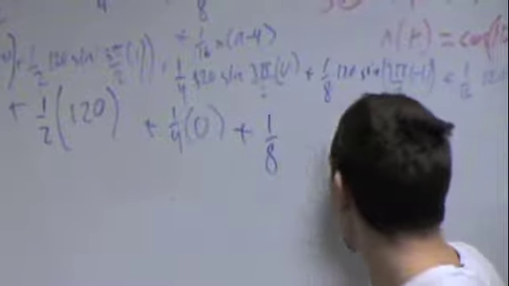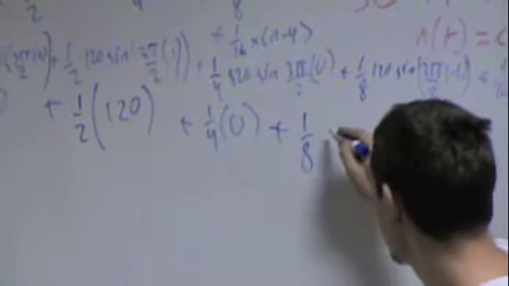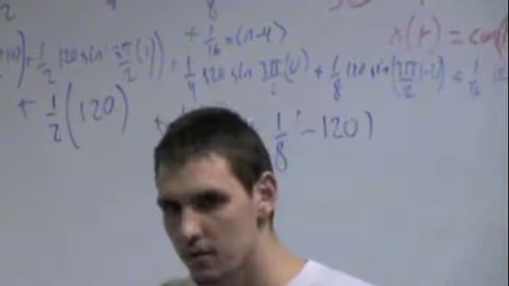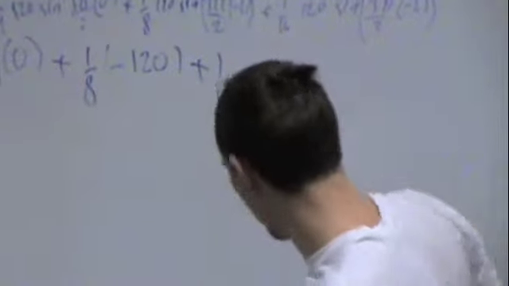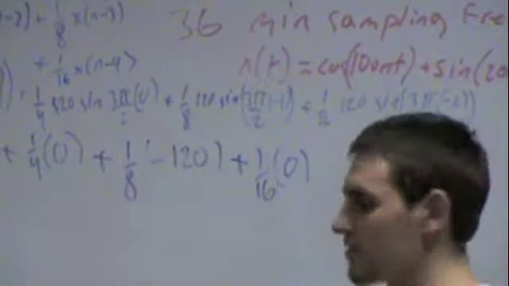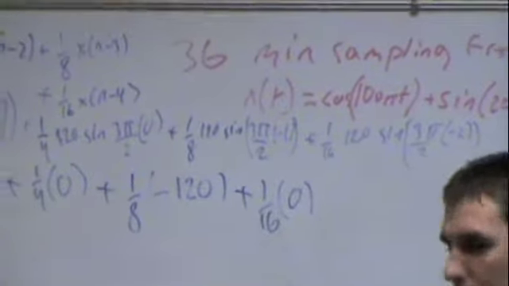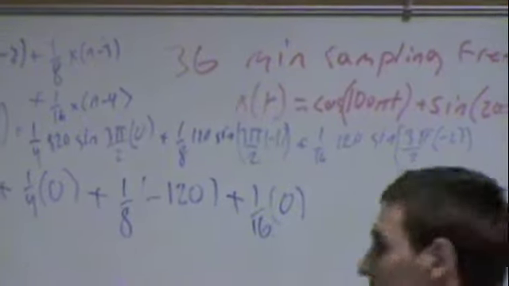Plus 1/8 of negative 1, which gets you to negative 120, because it brings you to right here, plus 1/16 times 0, for the same reasons as before. That last one is 3 pi again, which brings us to the same place.